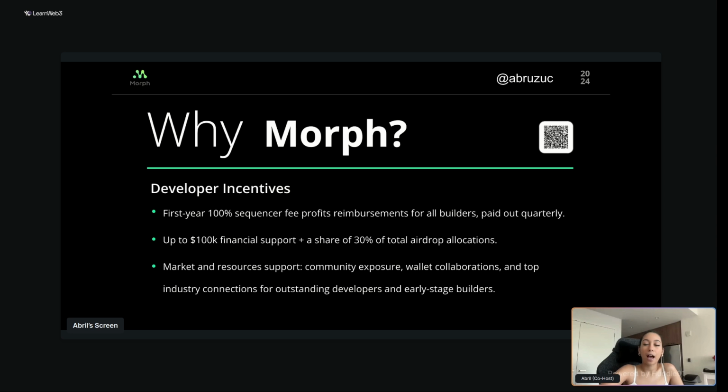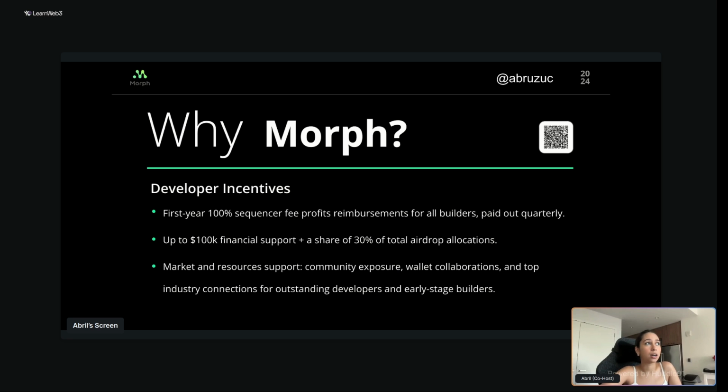We have up to 100K in financial support plus a share of 30% of total airdrop allocations for our builders. And as I mentioned before, we have market and resource support, such as community exposure, wallet collaboration, and connections with our main investors. So it's pretty exciting to come and build with us.